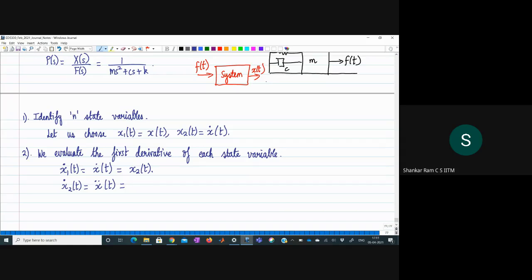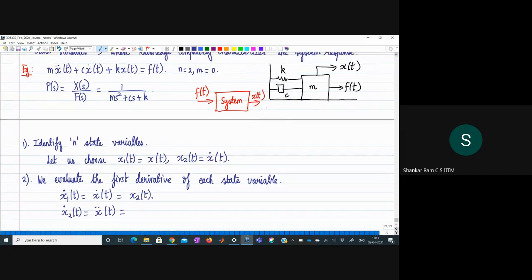So how do we get x double dot? For that we go to the governing equation. You can see that this is x2, so you take the time derivative on both sides, and you get x2 dot equal to x double dot. I'm sure that's understandable.